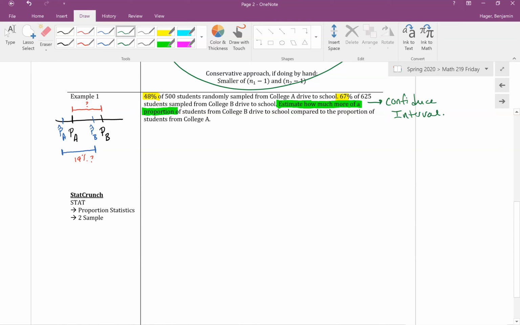Remember, confidence intervals estimate a number. So anyways, I've got this estimate or this guess. It looks to me from my sample that 19% more students drive to school at College B compared to A. But what we're going to want to do is build a window around it. Again, add our margin of error left and right from that guess so that we hopefully scoop up the true difference, hopefully lives somewhere in that window. Okay.